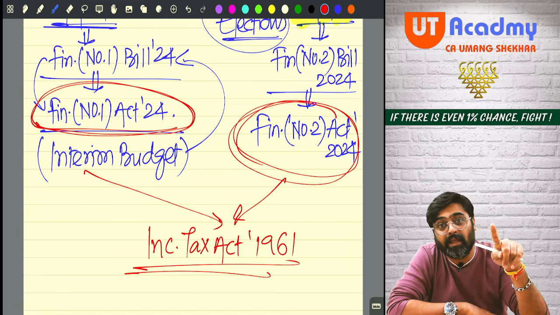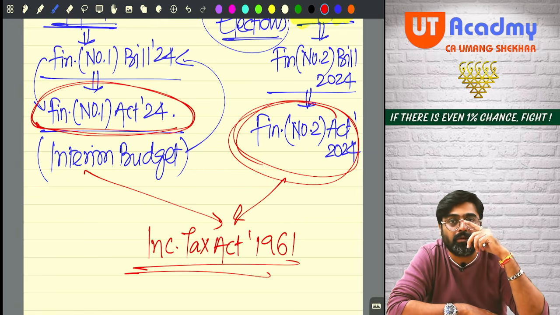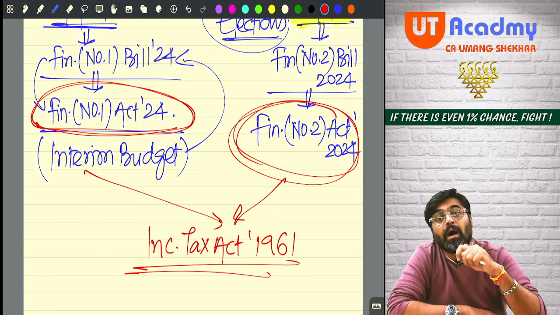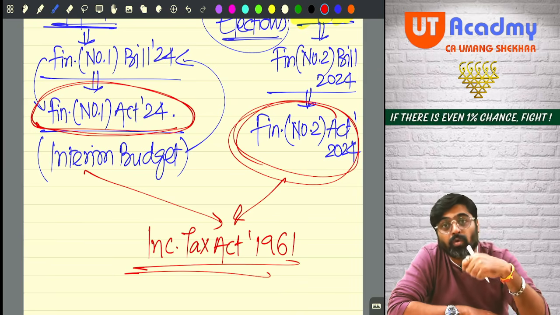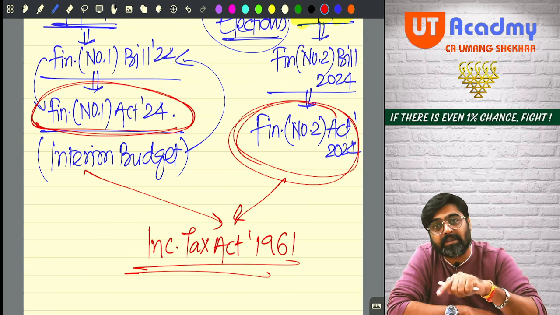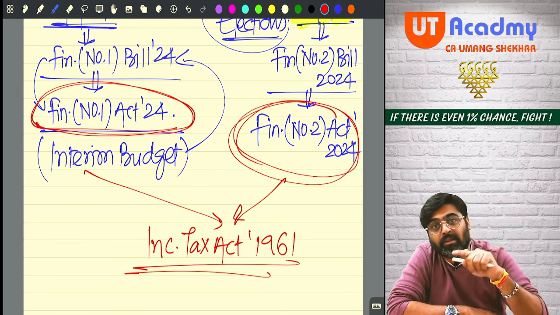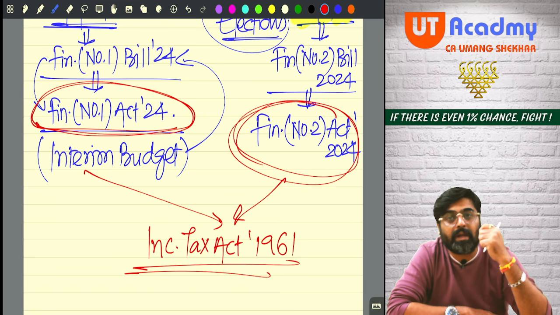But then you will have to study Finance Act 2025 amendments also. At what places the amendments are there, which amendments are applicable for your exams, May 26 onwards, then how to approach those amendments, how to understand those amendments. After understanding how those amendments will be asked in the question, if the amendment is coming in the question, then how to solve that question.